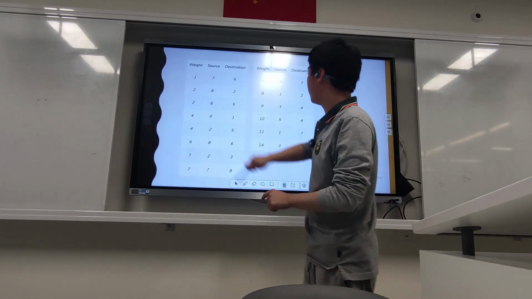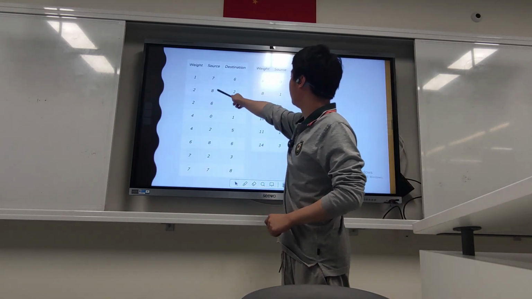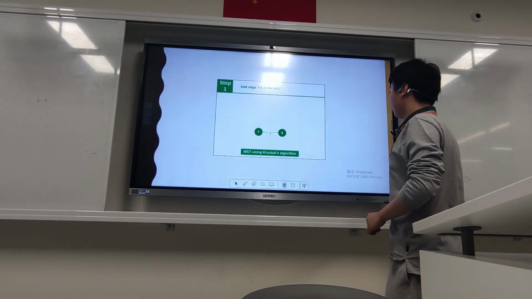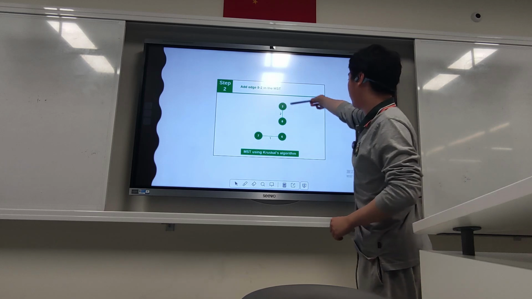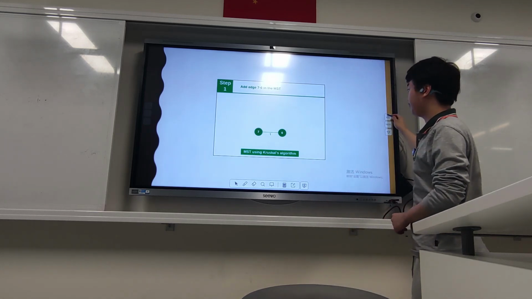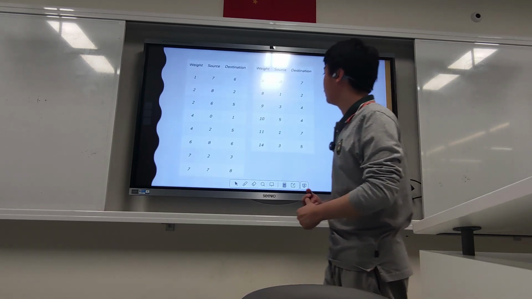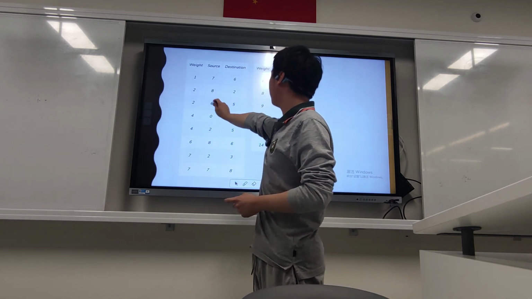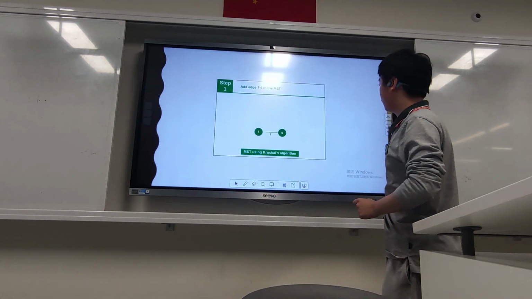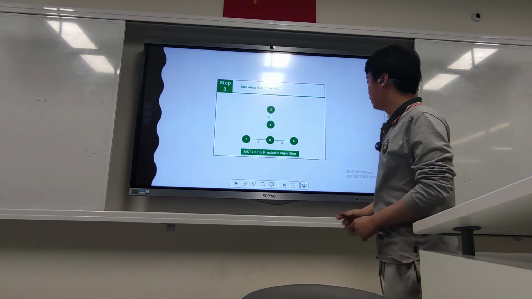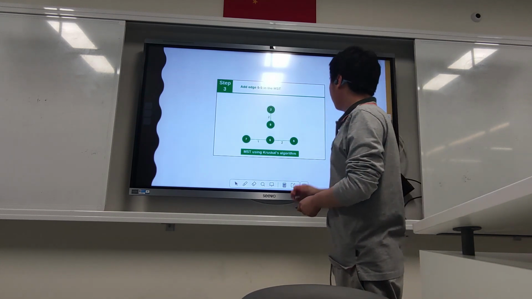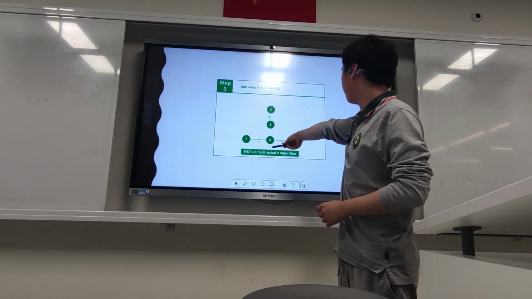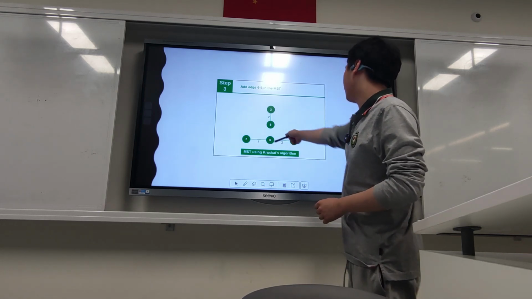The second one is weight 2, that is between 8 and 2. So we'll put it here. Then there's another one with weight 2, that is between 6 and 5. You can see 6 and 5, we already have 6 here, so we will just add 5 to it.